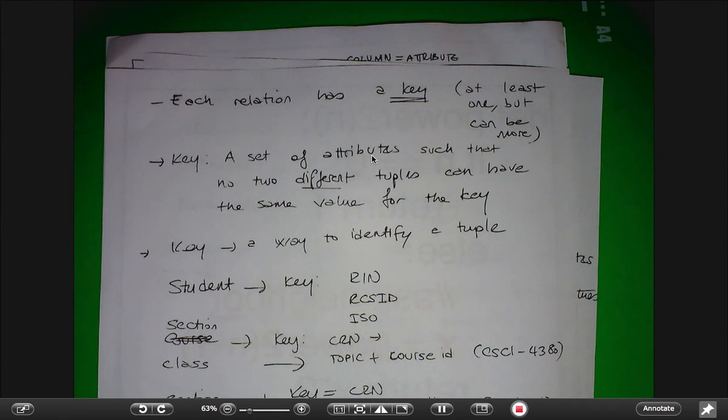Okay? But the important thing is that the key defines the meaning and the uniqueness in the relation, and that's a very important part of what that relation means. This is a logical data model. So if you were to implement this in Oracle or Postgres, this is not going to be exactly true.